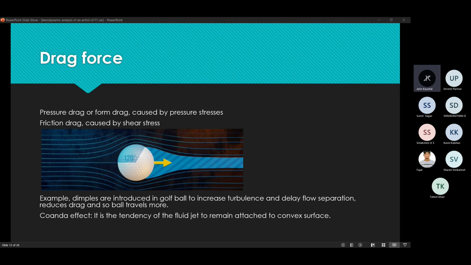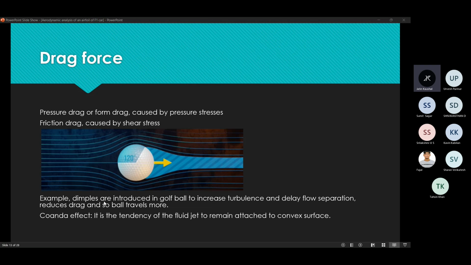That's why it results in a drag force. There is higher pressure at the front compared to the back, so it creates drag. Friction drag is just the result of the viscosity of the fluid. It's just like friction and acts parallel to the surface of the body.